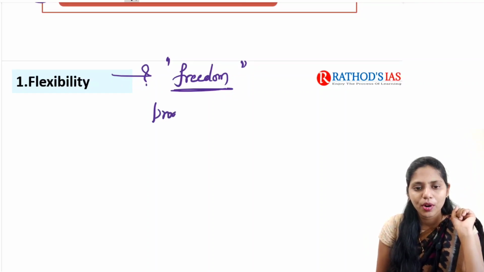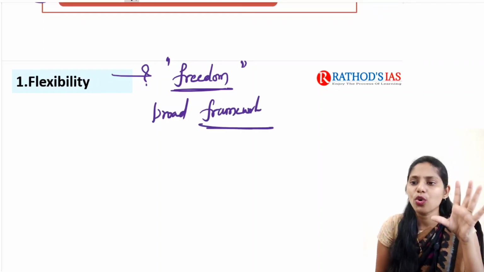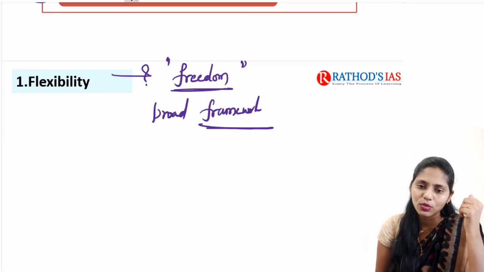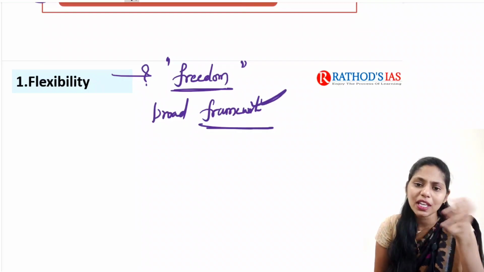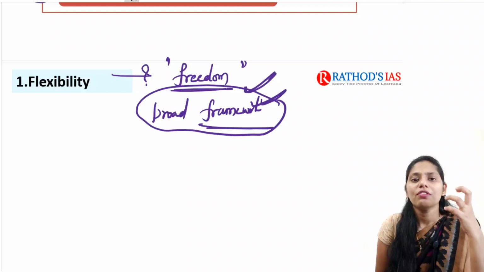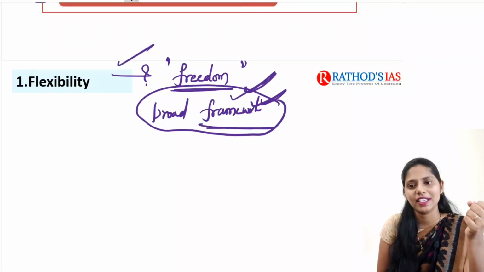Within a broad framework, we can adopt any means for the provision of this service to the public. Whenever we want to provide some service to the public, in this broad framework, civil servants have the freedom to adopt the means. So this is the definition of flexibility.